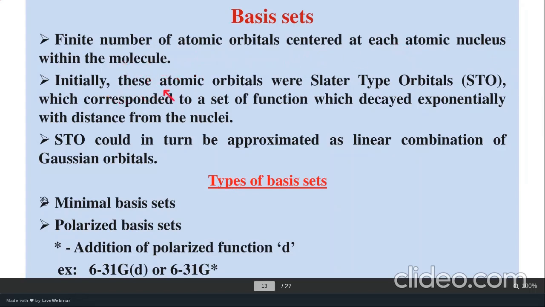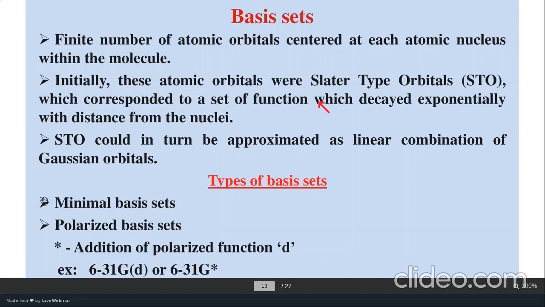Initially, these atomic orbitals were Slater type orbitals, which correspond to a set of functions which decay exponentially with distance from the nuclei. Actually, when we have the hydrogen-like problem, mathematically we get some radial part and some angular part.